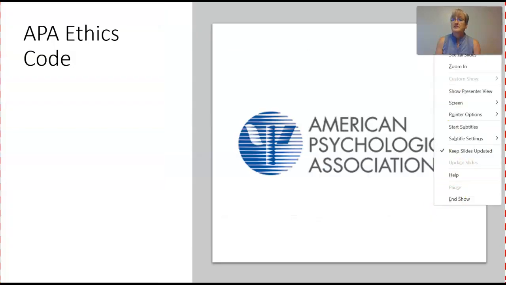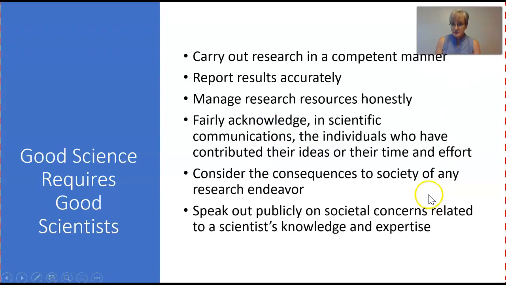Both of these national organizations, if there are issues of social concern that are connected to what, as a community of scientists, researchers know, then there's a responsibility to speak out. For example, in Supreme Court cases over the years, when the opinion of psychological science is believed to matter, the APA will often submit what's called an amicus brief to inform the justices of their opinion.